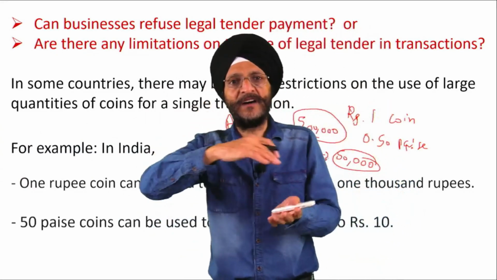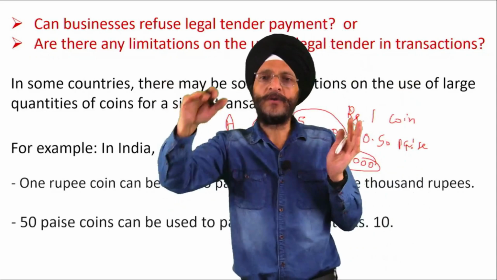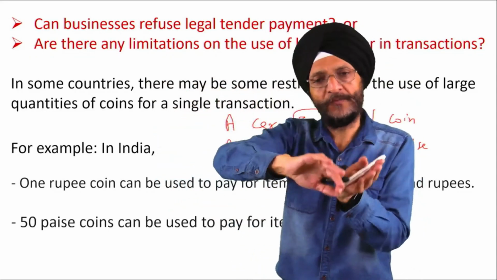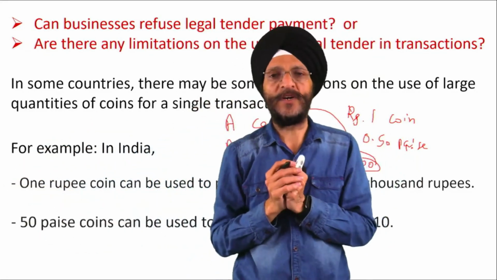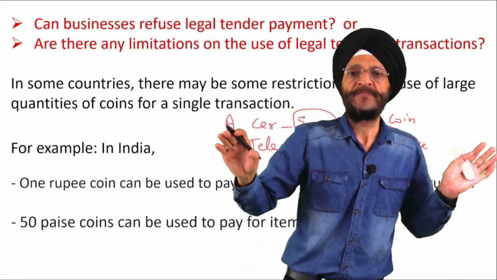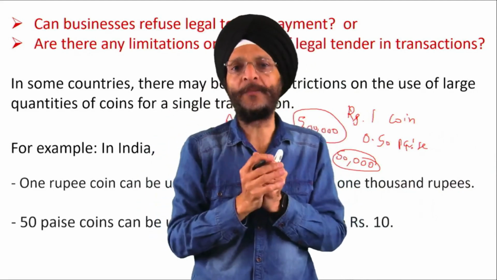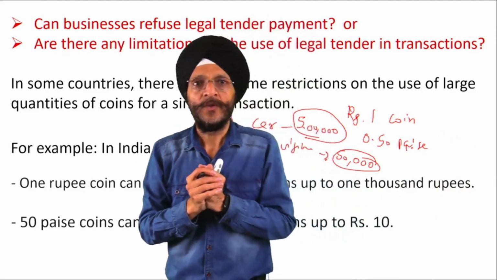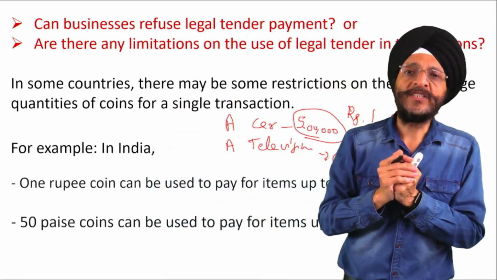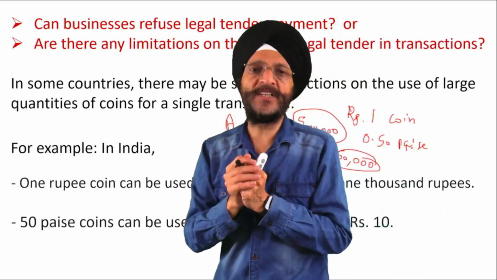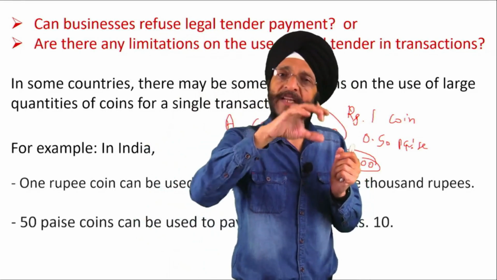Because if I purchase a car and give 5 lakhs in coins, all the employees of the seller or the dealer will become busy counting those coins. So in certain countries there are restrictions on the use of coins of smaller denomination. The seller can refuse to accept the smaller denomination coins; although the coins are legal tender, coins of lower denomination can be refused.